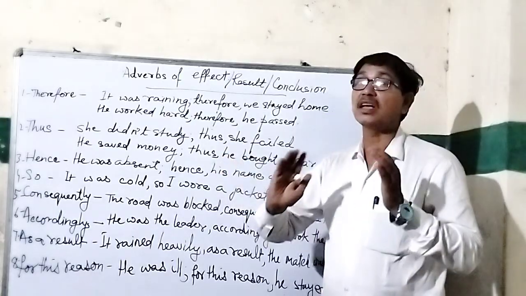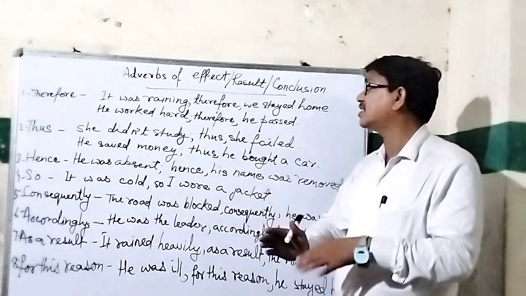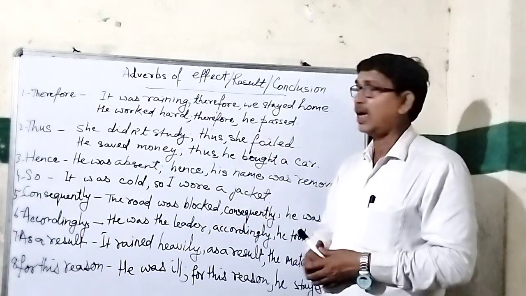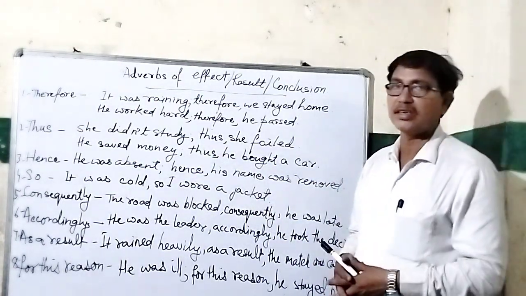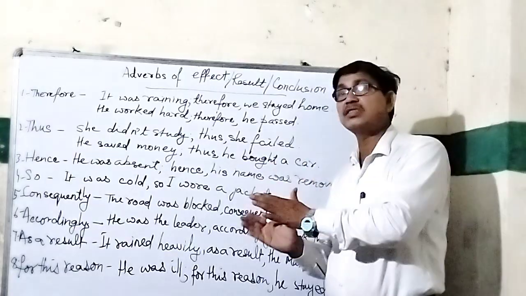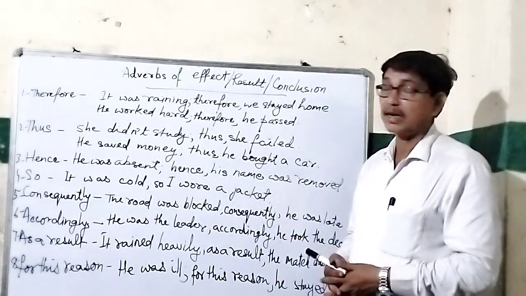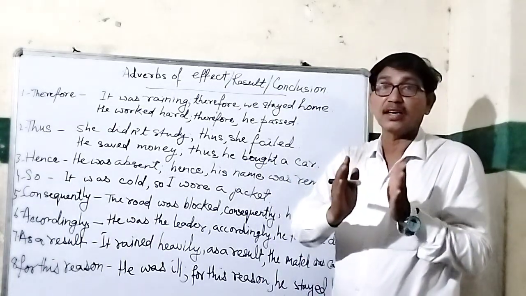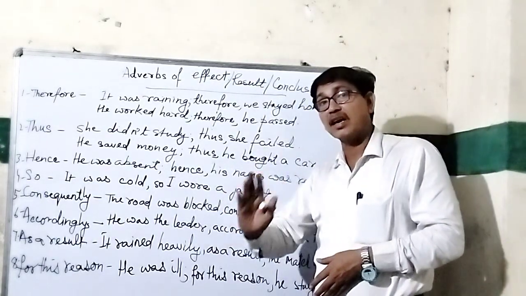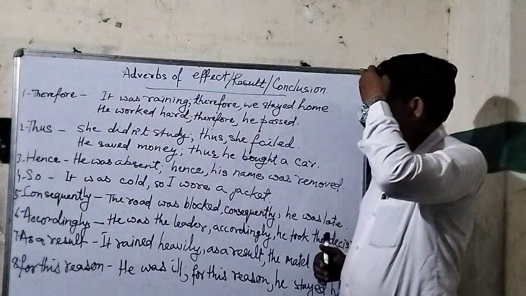With the help of the conjunction because, or as, we can say that she failed as she didn't study, or she failed because she didn't study. So because she didn't study, that is making a clause, a subordinate clause. That because is a conjunction, it is showing the cause, the reason, not the effect, not the conclusion, not the result. Here is the difference, you see.